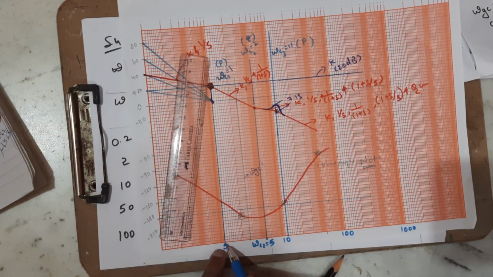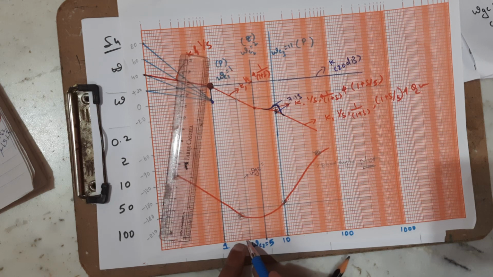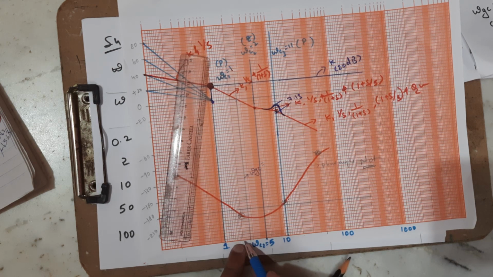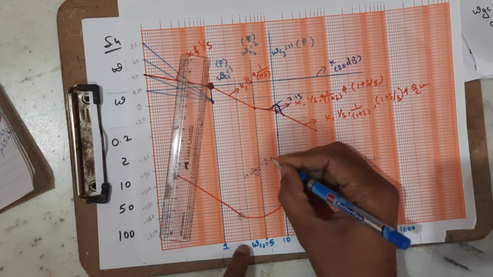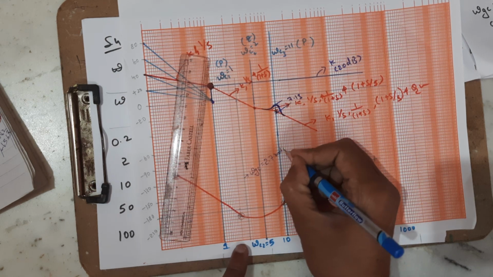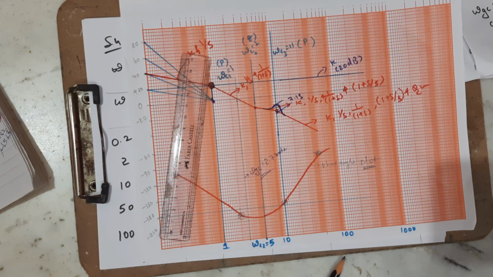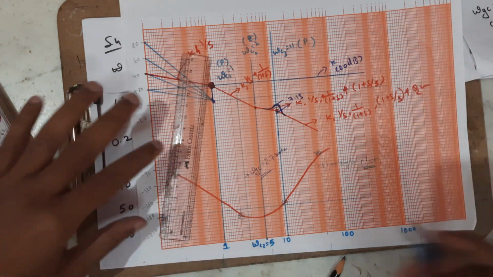What is that frequency? It is between 2 and 3, approximately 2.7 radians per second. Omega GC is equal to 2.7 radians per second.